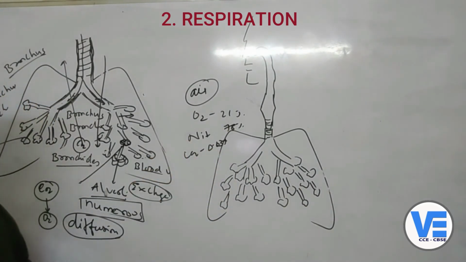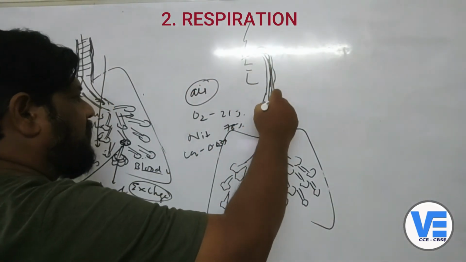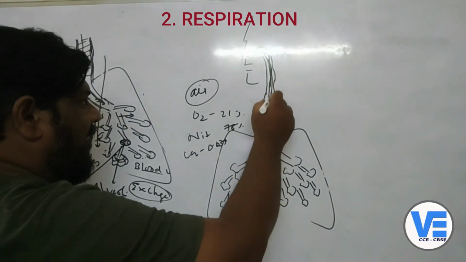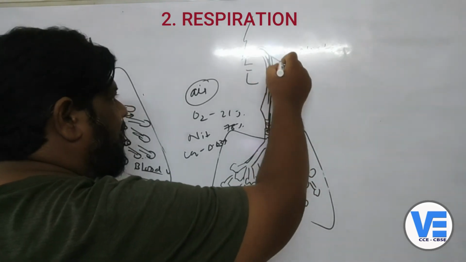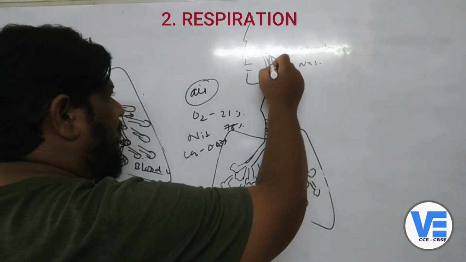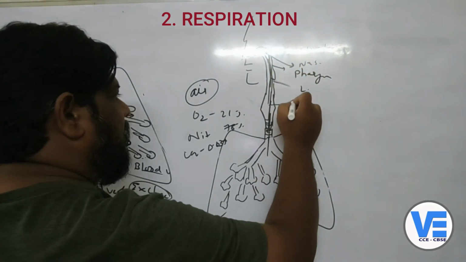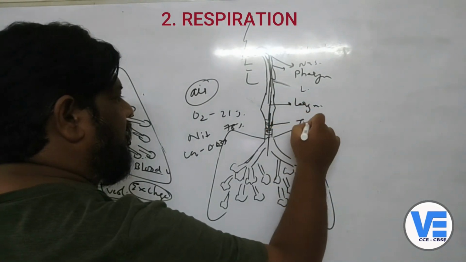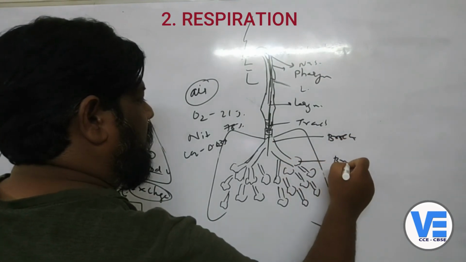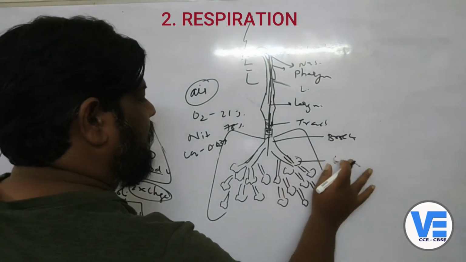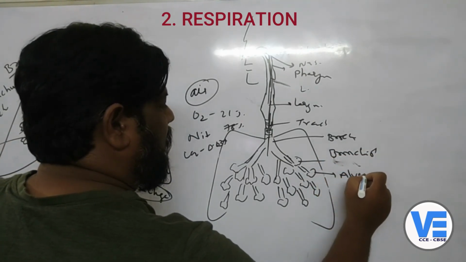Now when the air enters inside, not only oxygen, but the air comes inside the lungs. So when the air comes inside the lungs, they'll come to the nostrils, and then they will go to the nasal cavity, and then they will enter the pharynx, and then the larynx, and then trachea, bronchi, bronchioles, and then come to the alveoli.